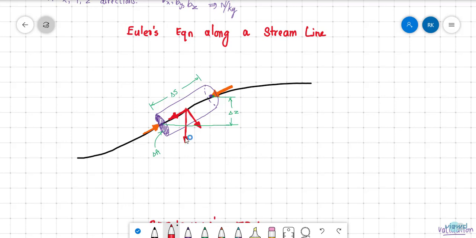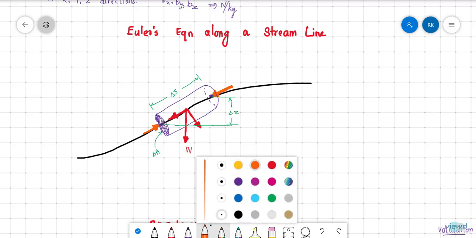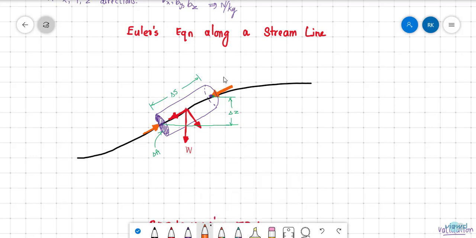Here, this red force indicates the weight of that fluid element, and this orange one indicates pressure forces.